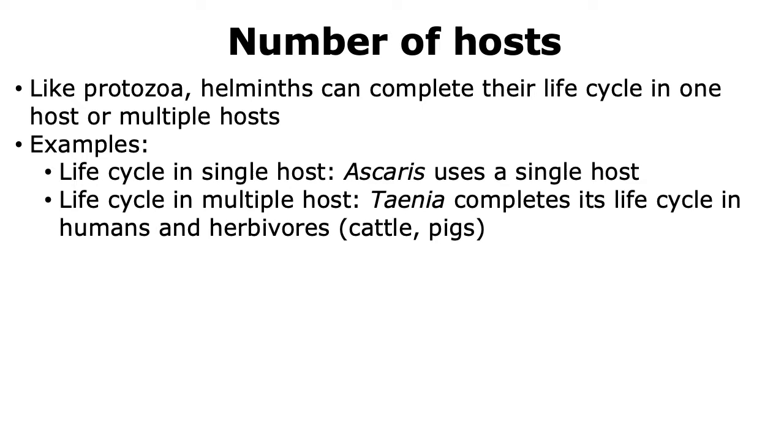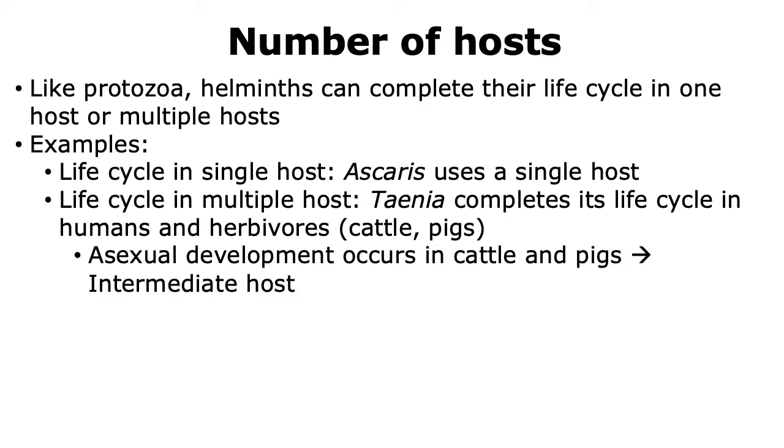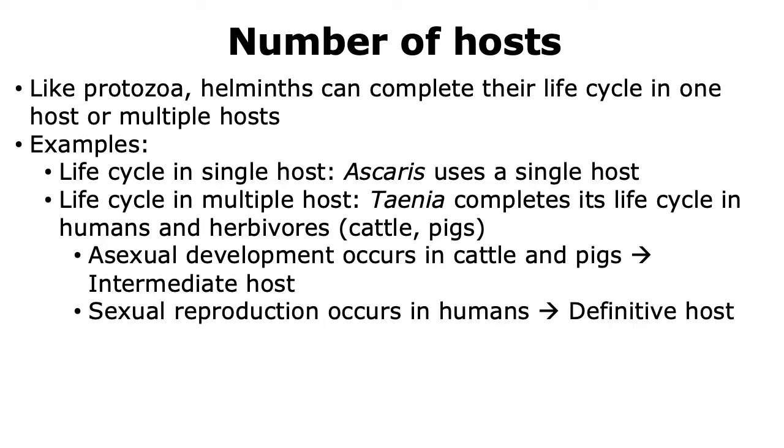In the case of Taenia, it utilizes humans and herbivores like cattle or pigs. The asexual development of Taenia occurs in the herbivores, and hence they are the intermediate hosts, while sexual reproduction occurs in humans, making the human the definitive host.